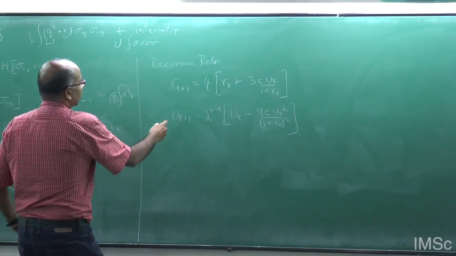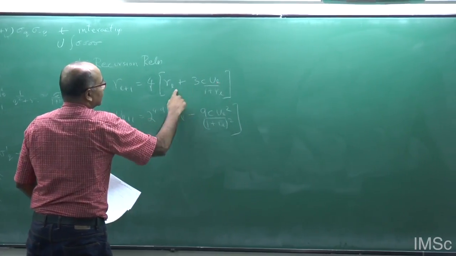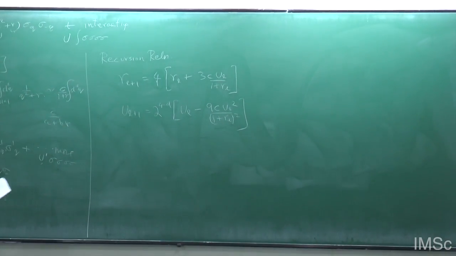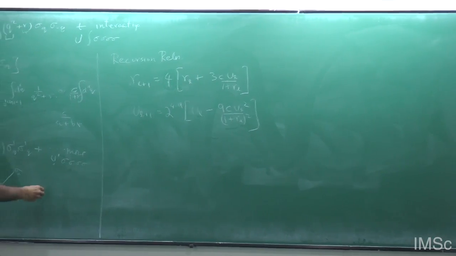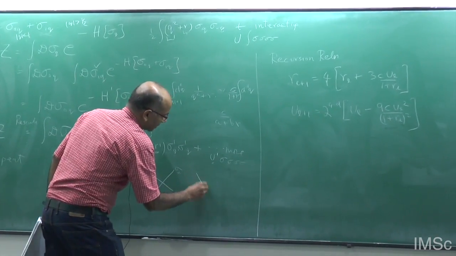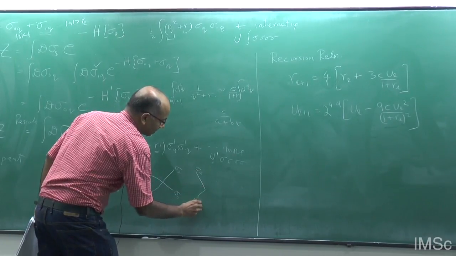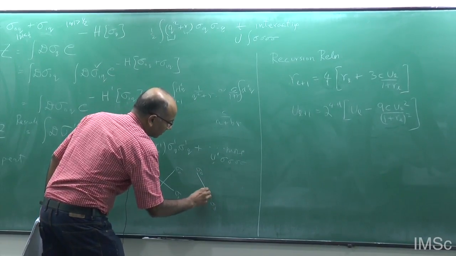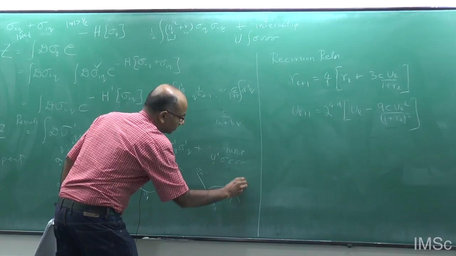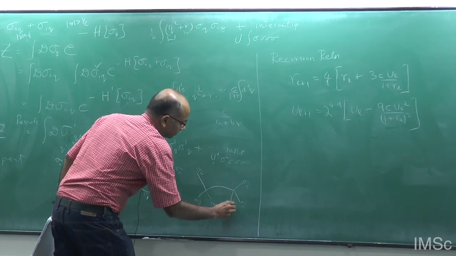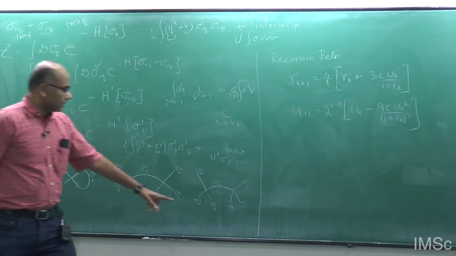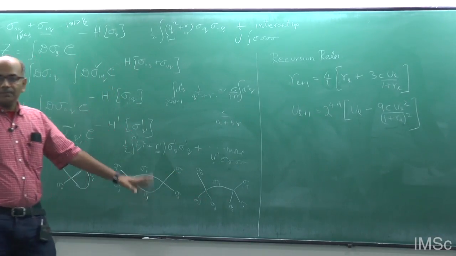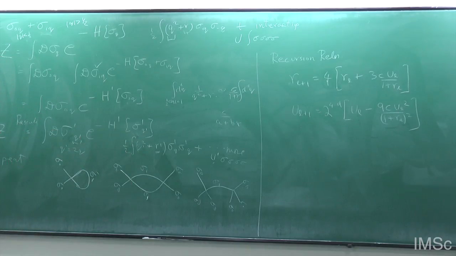So this is our recursion: if your starting Hamiltonian had these parameters, your new Hamiltonian will have these parameters. And I also pointed out that there will be other diagrams which will generate higher terms, sigma naught and things like that, but we won't worry about them because they won't affect the behavior that we're talking about.